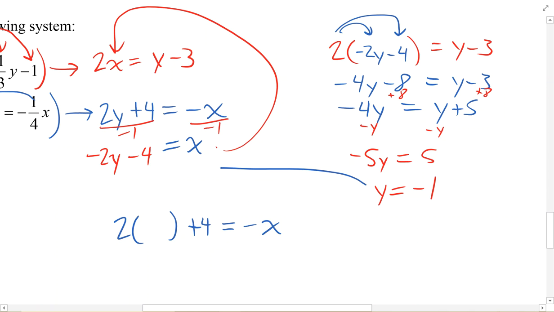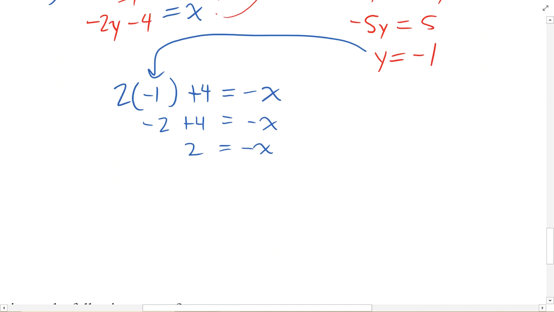So we'll substitute in, and that's a negative 1. So then what does positive x equal? So positive x equals negative 2. So your solution is negative 2 comma negative 1.